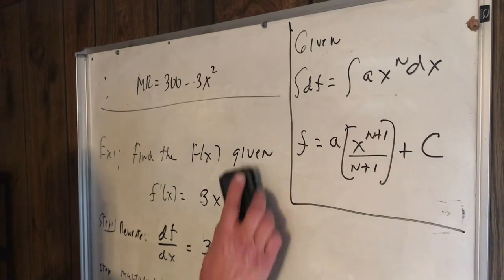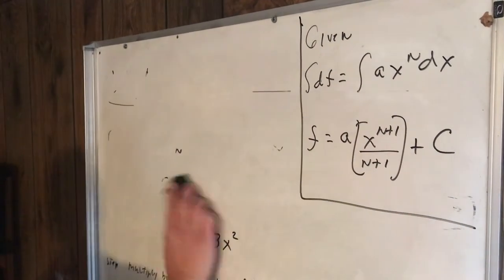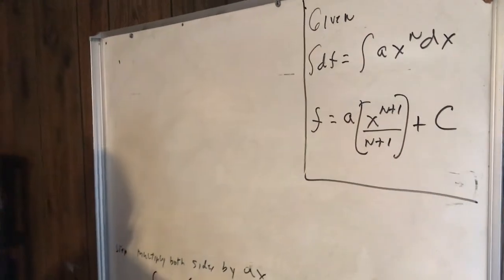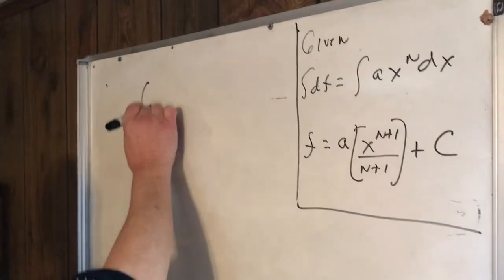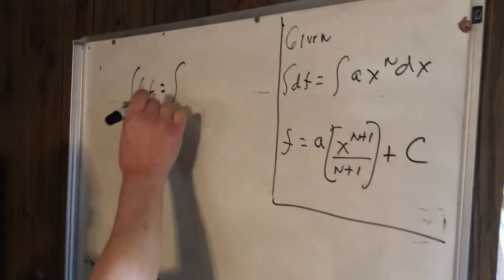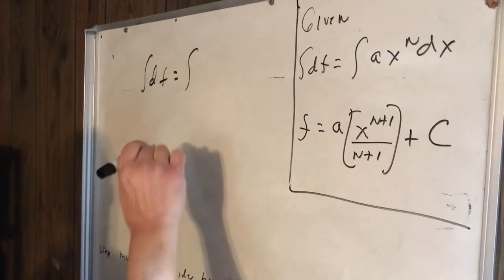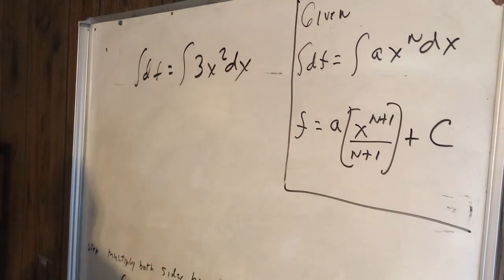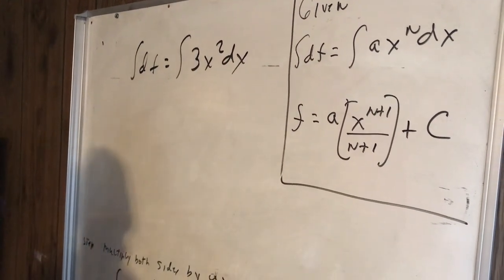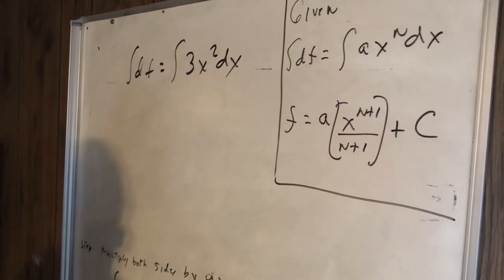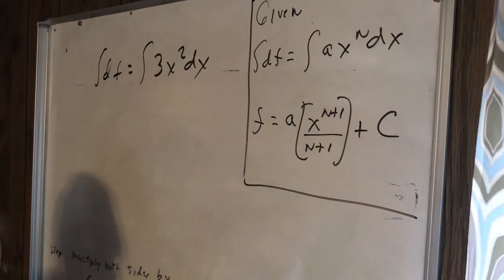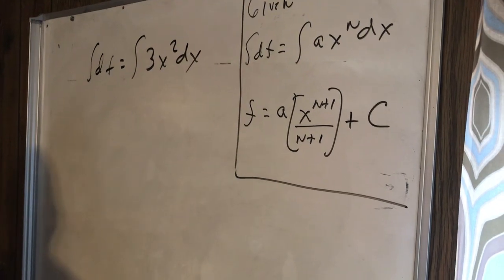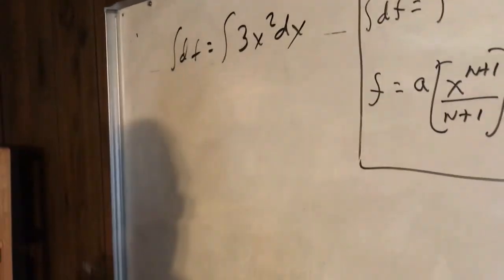Now let's solve our problem. And let me rewrite the problem up here. I have the integral of df equal to the integral of 3x squared dx. Okay. Well, we can erase this. And now I'm going to use my power rule.